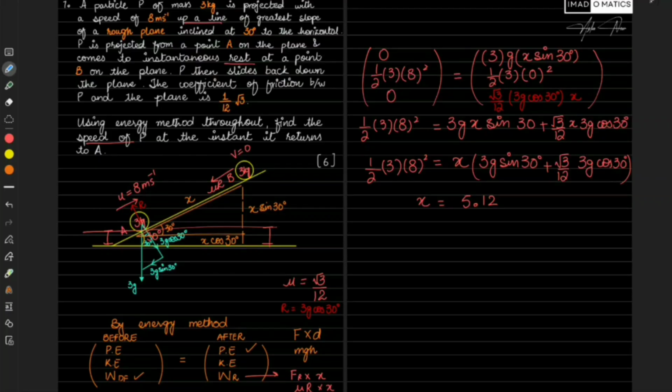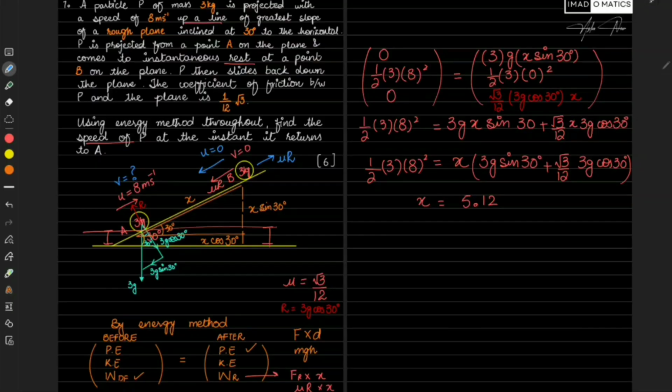Now the body is moving downward. In this case, when the body is sliding downward, the frictional force would be in this direction, mu R. Initial velocity would be 0, and the final velocity is what we need to find.